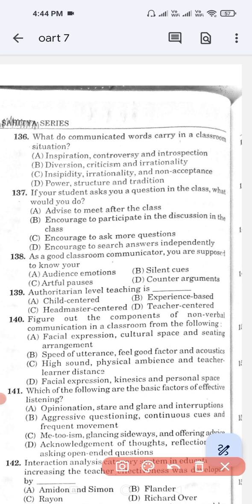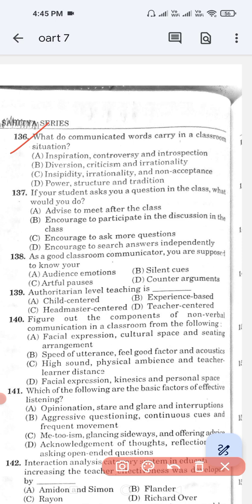Now question number 136. What do communicated words carry in a classroom situation? Option A, inspiration, controversy and introspection. Option B, diversion, criticism and irrationality.